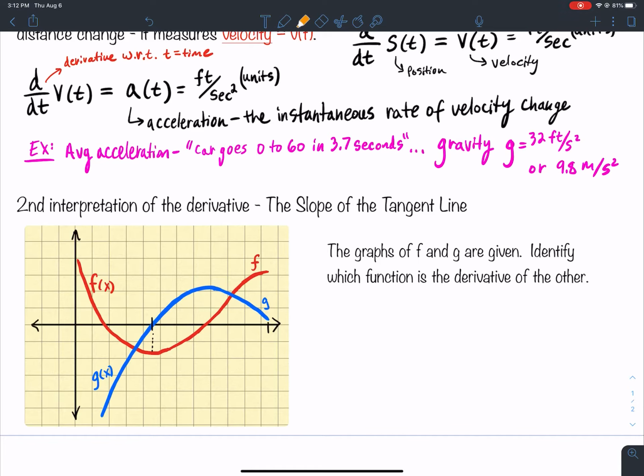So when I look at this, it looks like f has negative slopes. So I've got negative looking slopes until I get to right here, and then my slopes turn to 0, okay?